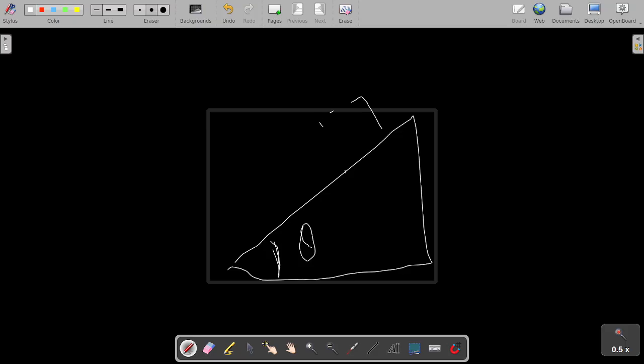There is a block of mass m, a downward force mg acts on the block.